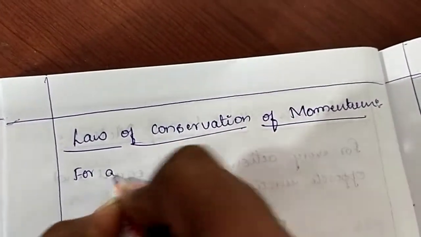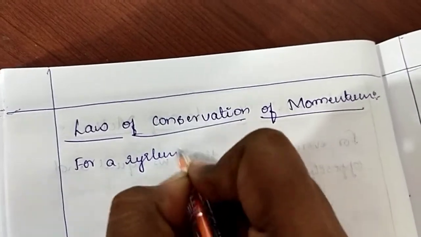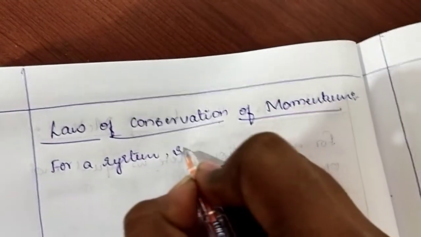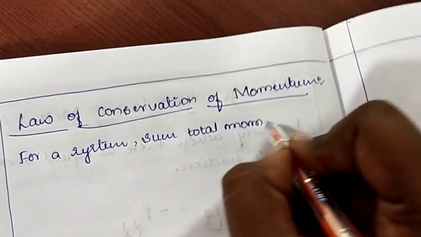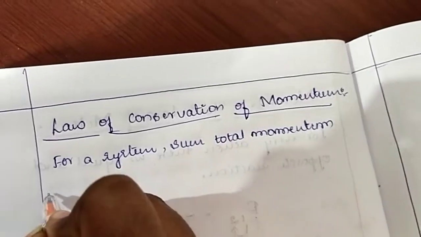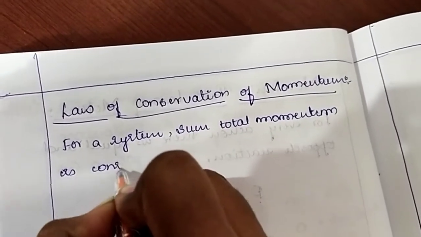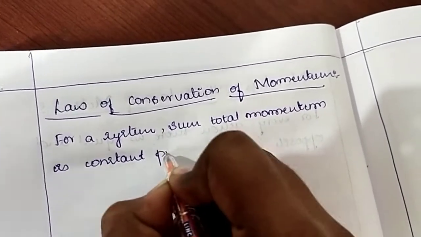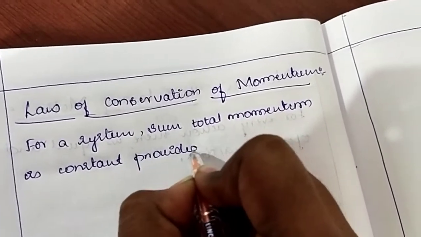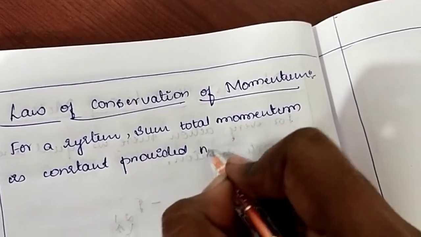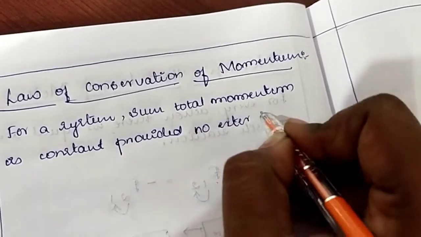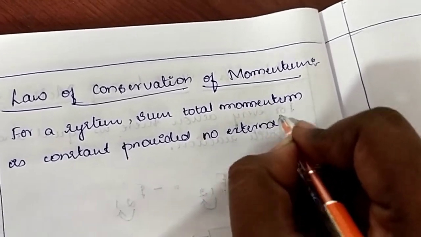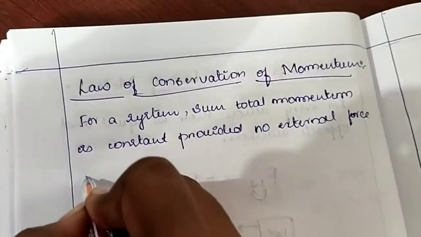Okay, for a system the total momentum is constant, provided no external force acts on the body.